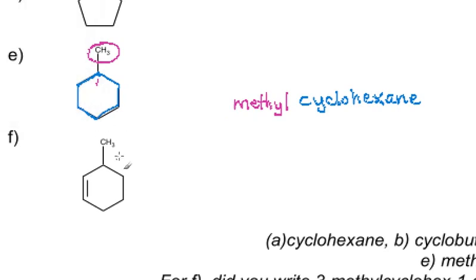And last one, this has kind of interesting numbering. First of all, of course there's a cyclohex going on because of the 6 carbons in a hexagon. Cyclohex. Now, this has a double bond, so it's not a cyclohexane, it's a cyclohexene.